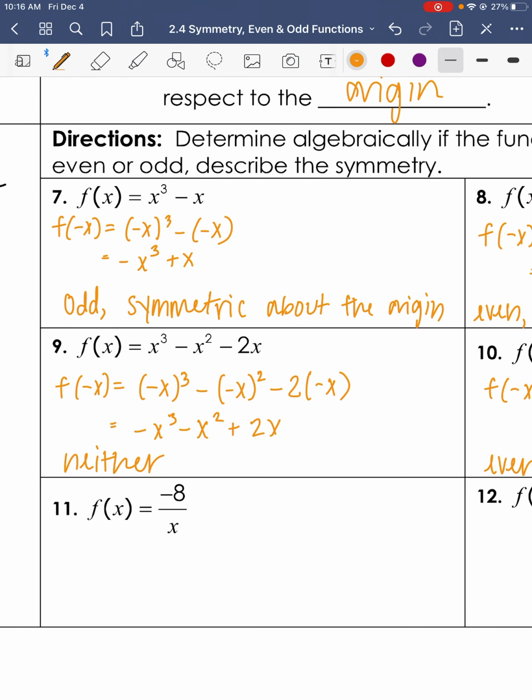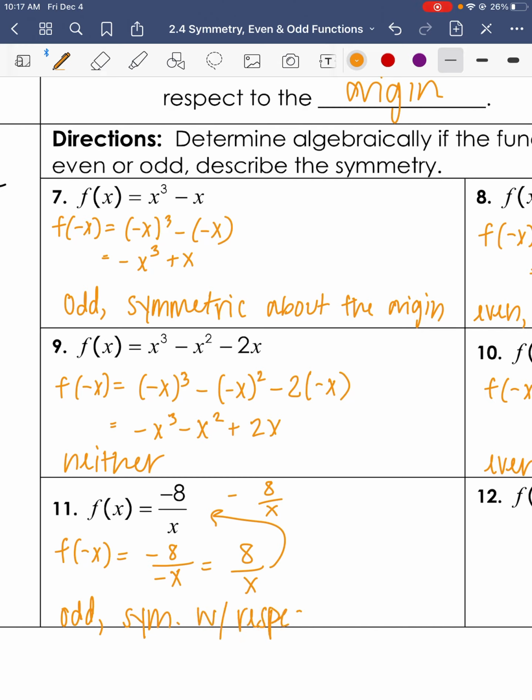Number 11 here, f of negative x is equal to negative 8 over negative x, which is equal to 8 over x, which is opposite of this, because we can always pull the negative 8 out front, so it's negative 8 over x, and now we have positive 8 over x, so this is odd. And it's symmetric with respect to origin or about the origin. Either way you say it means the same thing.